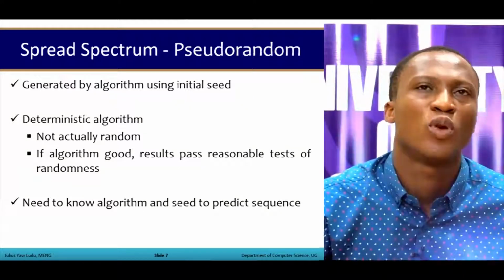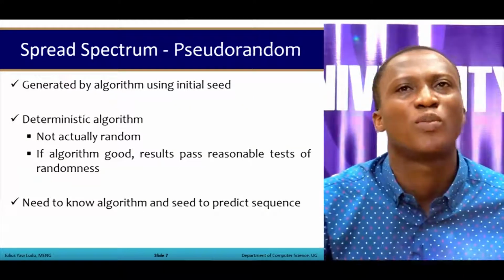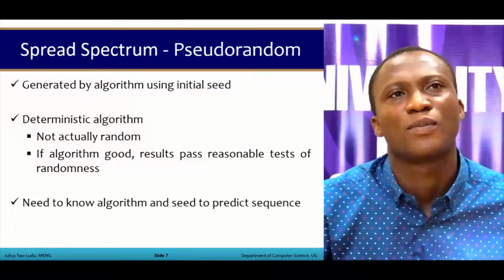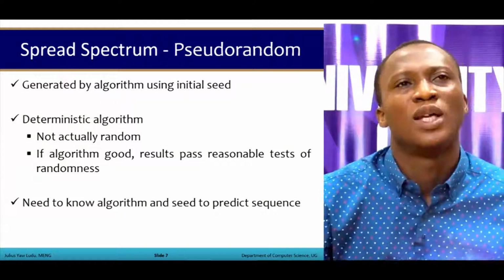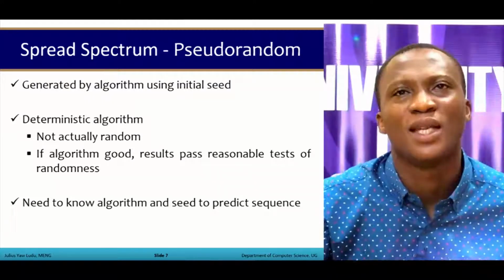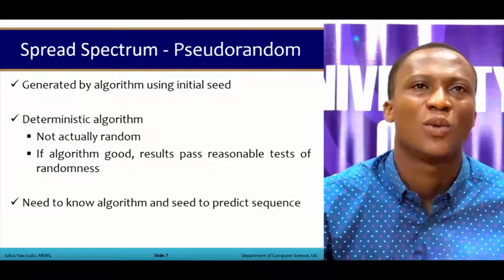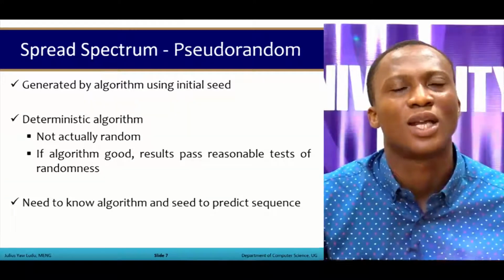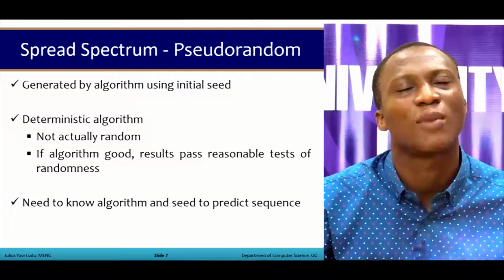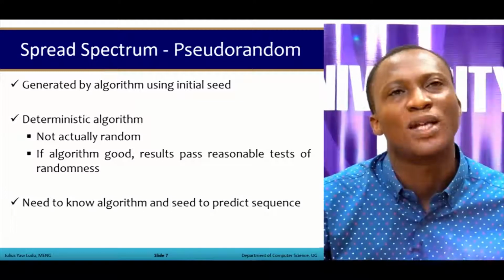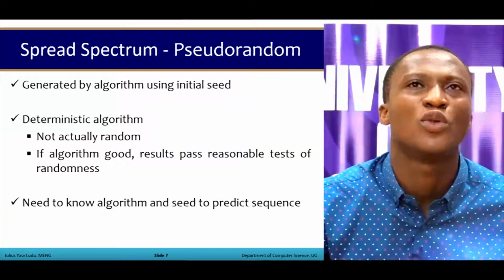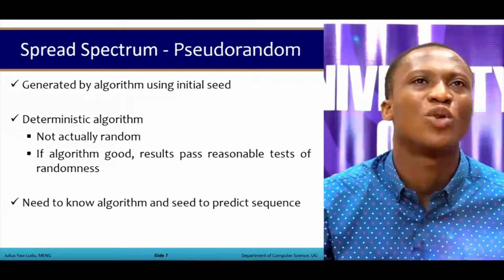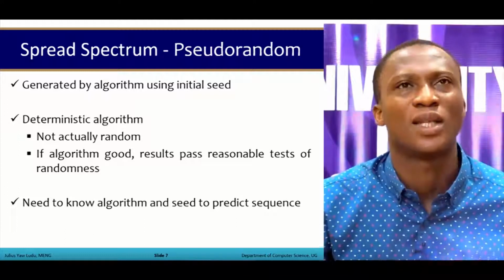There is a need to know the algorithm and the seed to be able to predict the sequence. Knowing the algorithm without the seed does not guarantee you of intercepting the data. So one needs to know which algorithm was used and the initial seed. Only then can one know what kind of data was sent across the network.